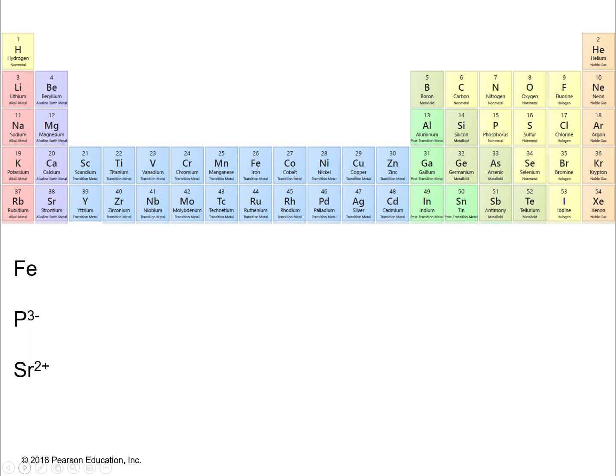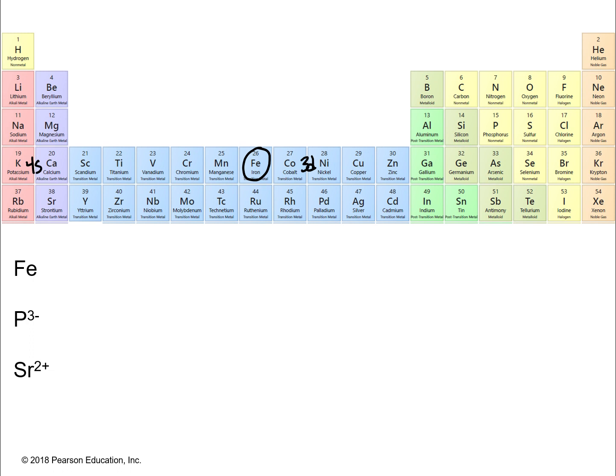We need to use noble gas electron configuration to describe the neutral atom iron, and then we have two ions. We'll start with the iron. Iron is in N equals 4. It's within the D block.